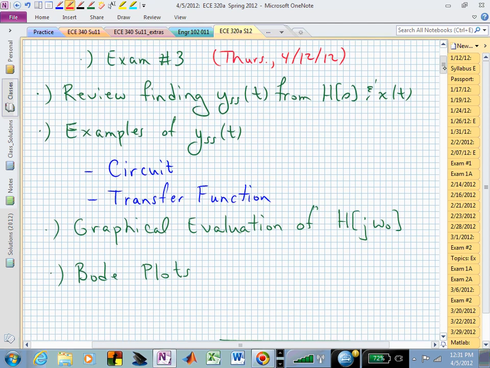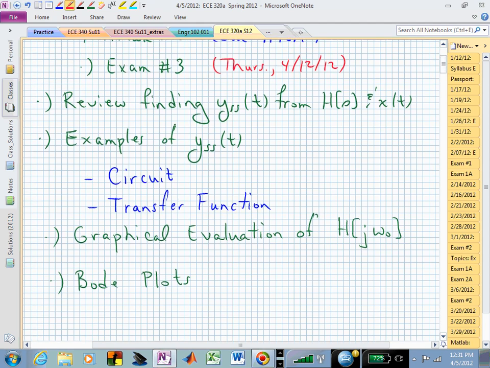What I want to do today is review very quickly. I've already written these notes down, so I'm just going to scroll down the page really quick on how to obtain the sinusoidal steady state output response for the Y in terms of the transfer function H of S and the input exciting waveform X of t, when X of t is a cosine waveform.